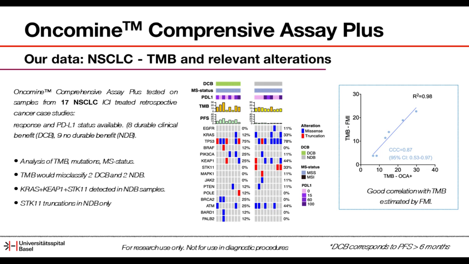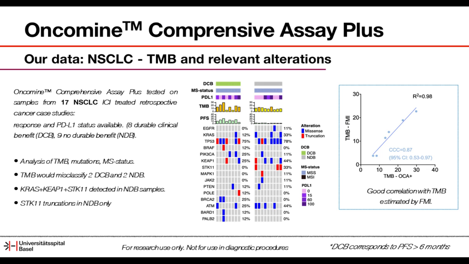However, these were all lung cancer samples, so they all were microsatellite stable. We had, as I said, PD-L1 status information, and you can see here the TPS score represented by purple gradient color. And you can see tumor mutational burden, TMB, as assessed by the Oncomine Comprehensive Assay Plus.